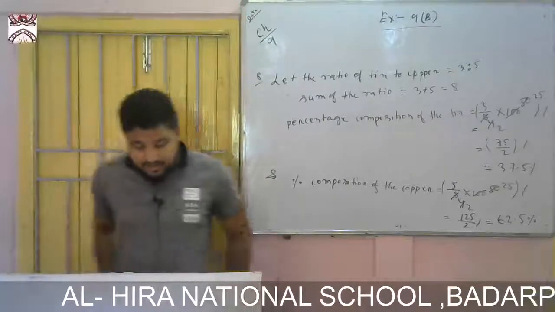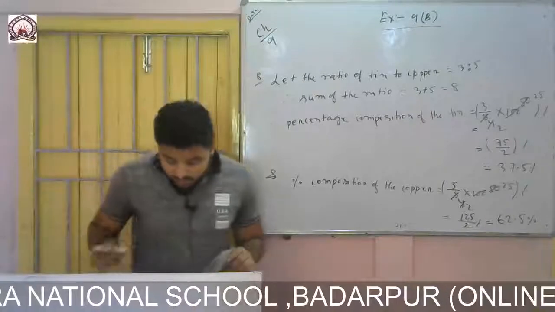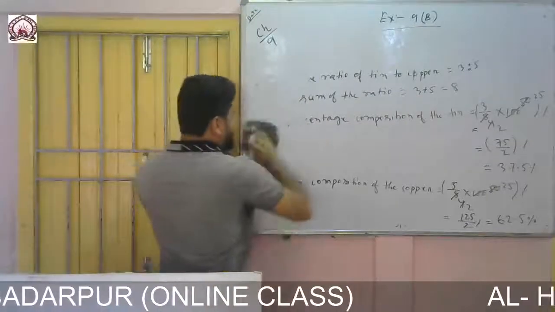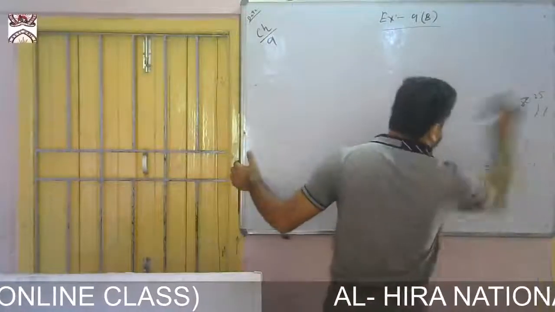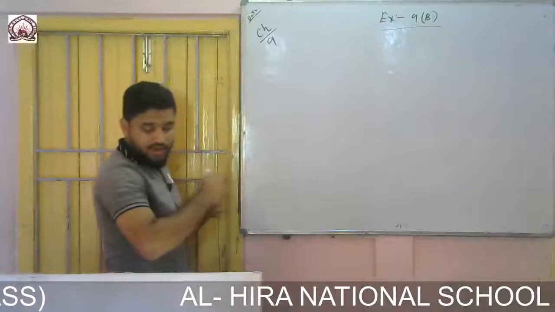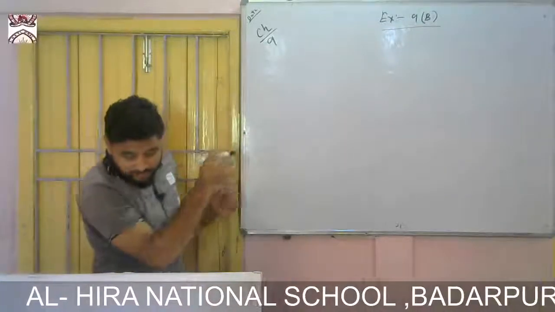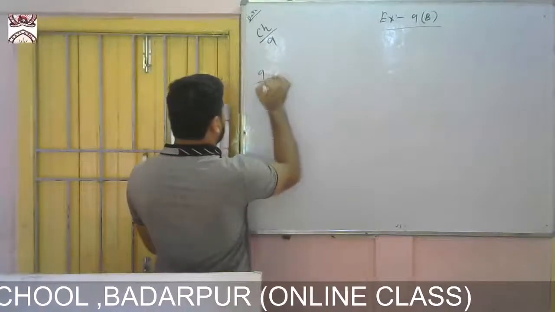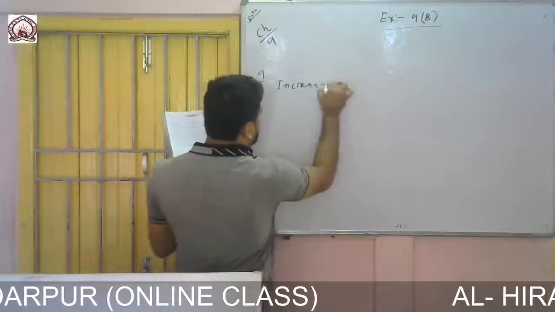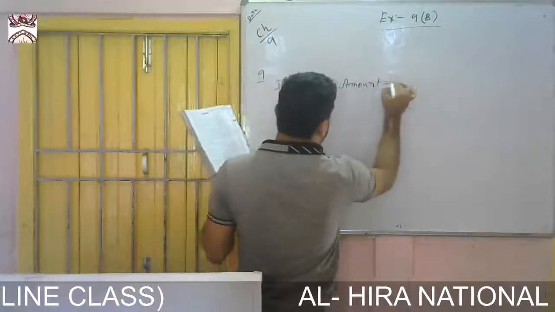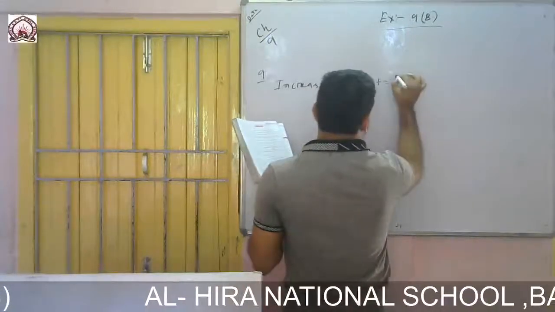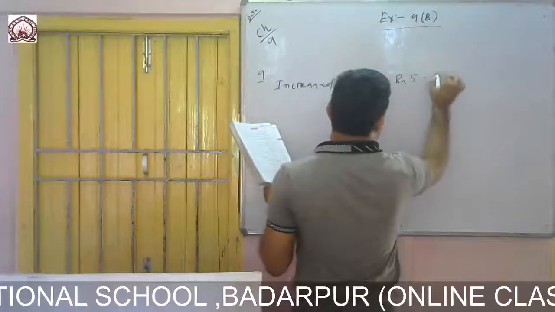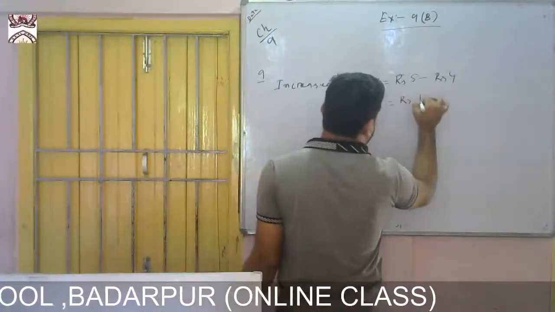First, write the increase amount equals 5 rupees minus 4 rupees, which is 1 rupee.